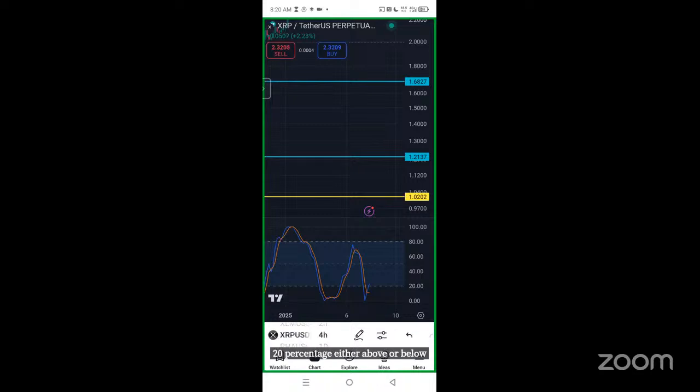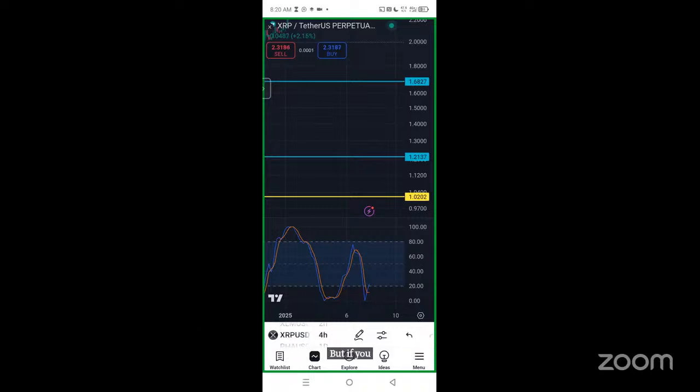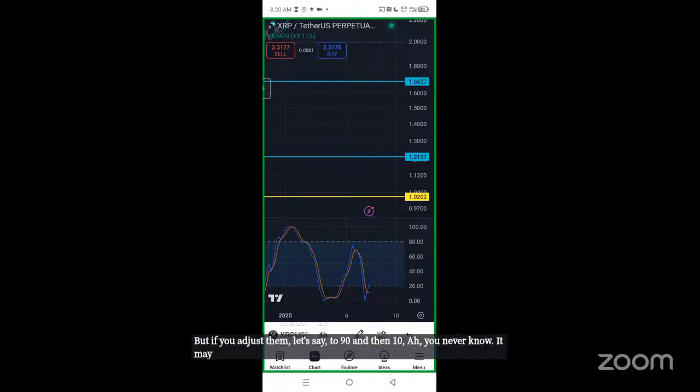It should then be in a position to tell you that the market has either been oversold or overbought, so you can make an informed decision. But if you adjust it, let's say to 90 and 10, you never know, it may give you false information. Sometimes it may not be the best guide.